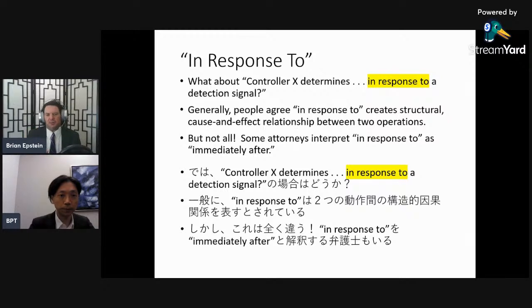But not everyone agrees. I've certainly interviewed many cases. Most examiners agree. I talk about this with other U.S. patent attorneys. We all kind of agree. But recently I had an examiner who disagreed, and some U.S. patent attorneys also interpret the phrase "in response to" to mean "immediately after."